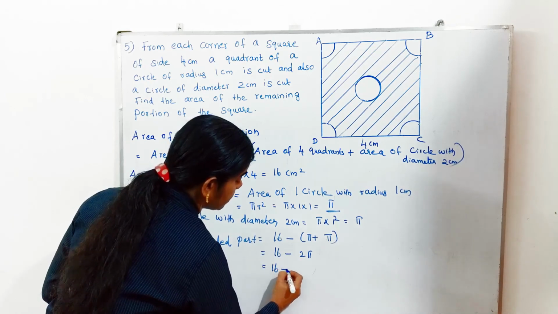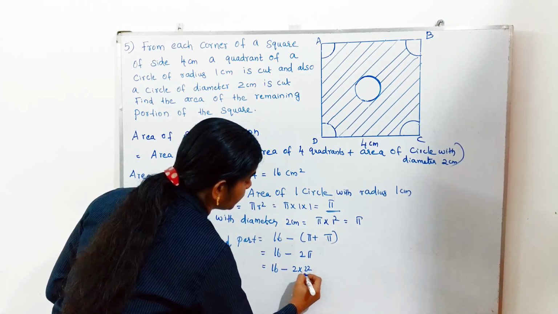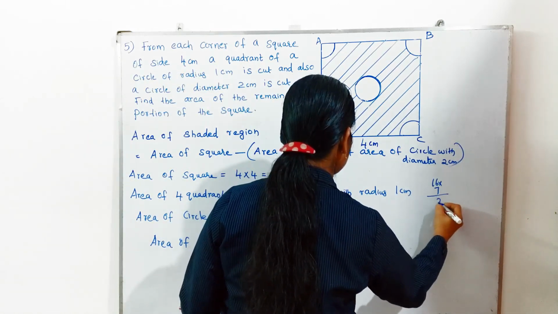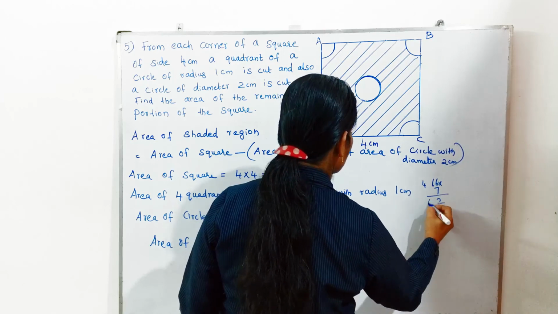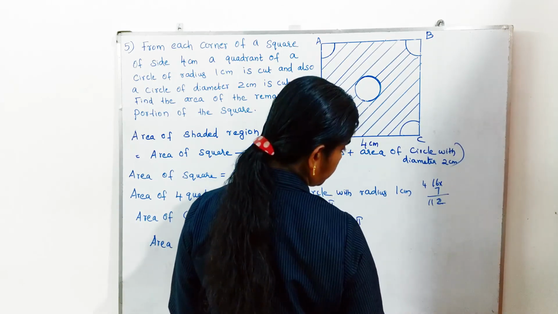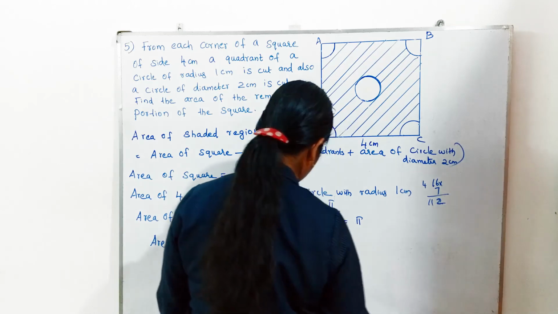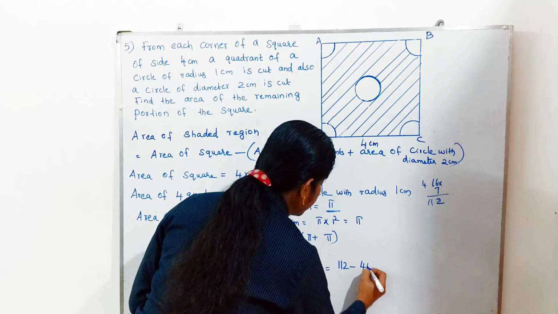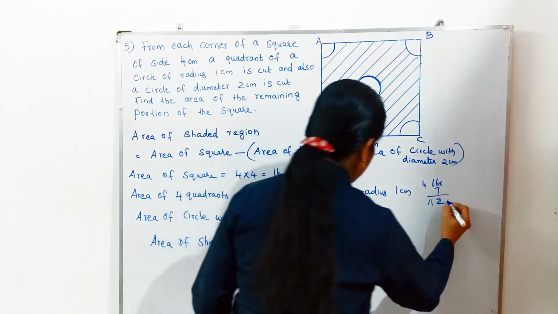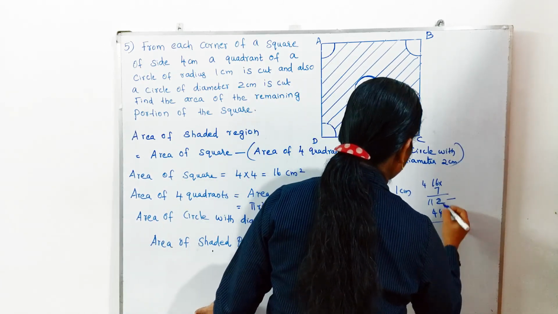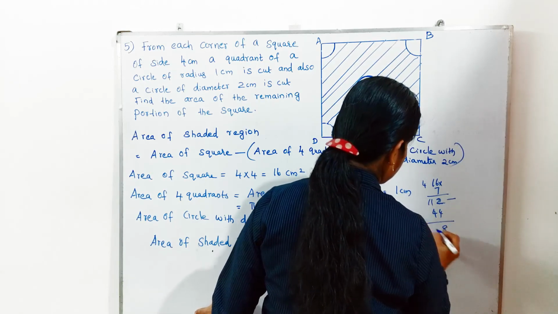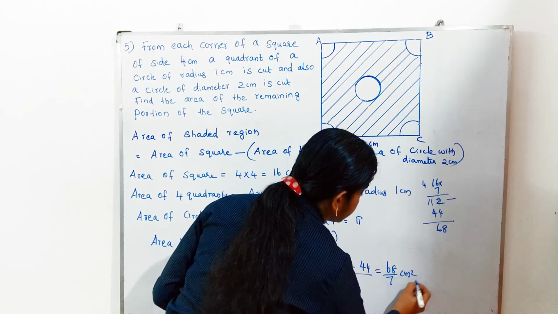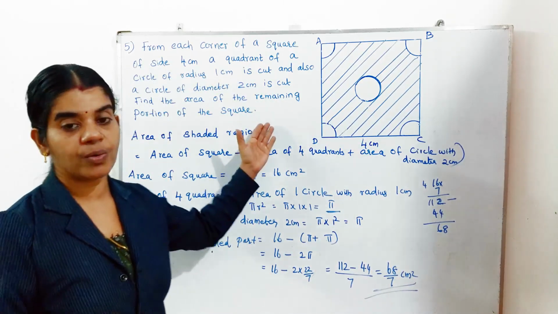That is 16 minus 2 into 22 by 7. 16 into 7, 112. 112 minus 44 divided by 7. 112 minus 44, 68. 68 divided by 7 centimeter square will be the area of the shaded region.